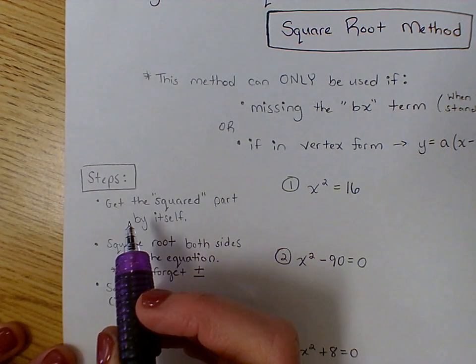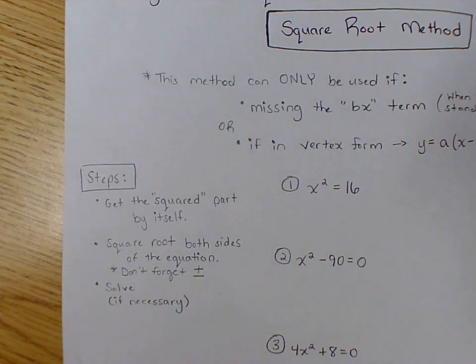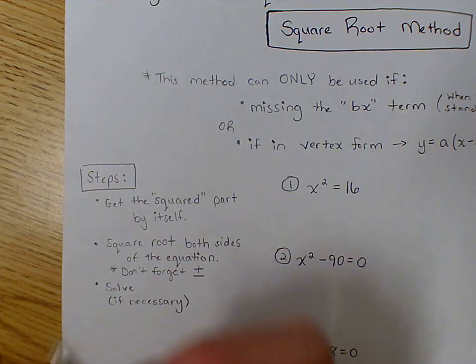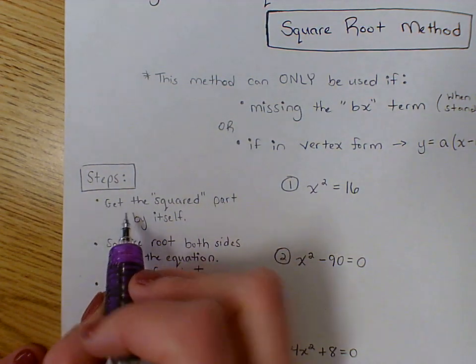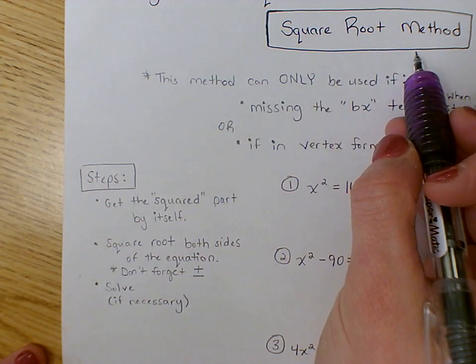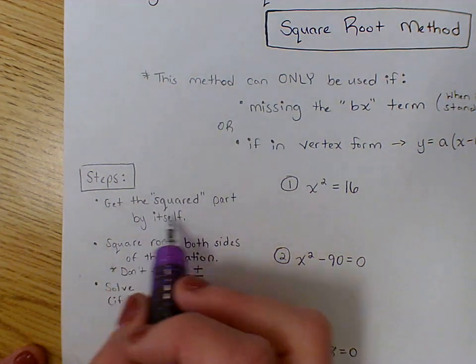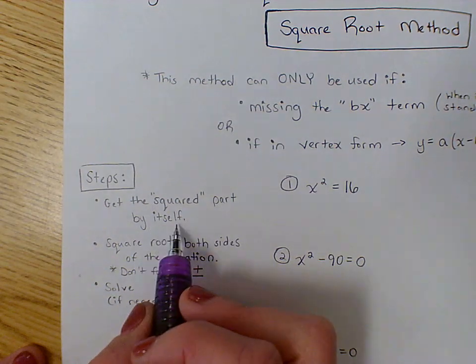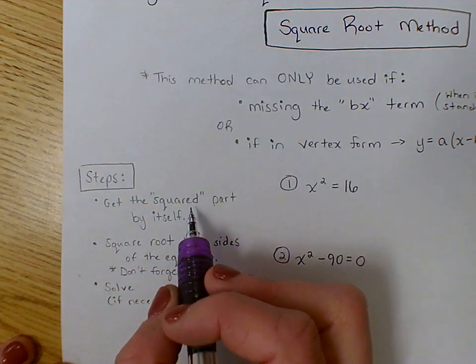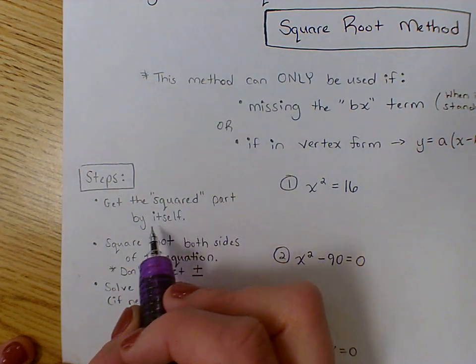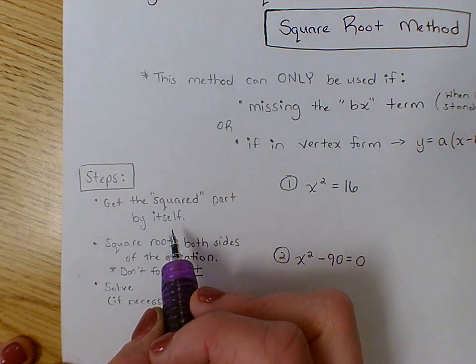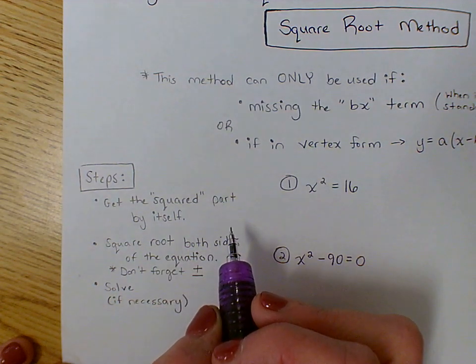So just to run through the steps so you know what they say, the first thing that you're going to do to be able to solve it using this method is you have to get whatever the squared part is by itself first, okay? So whatever's being squared, you've got to get by itself, so everything else in the equation has to be on the other side of the equals.